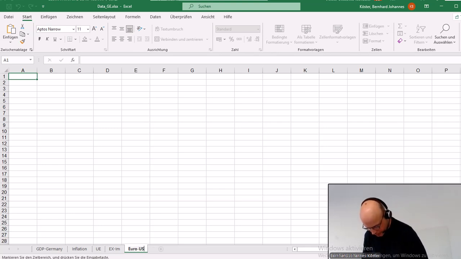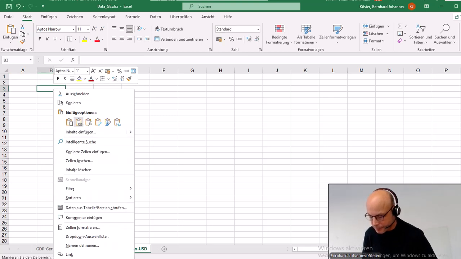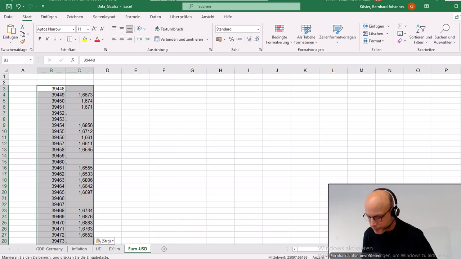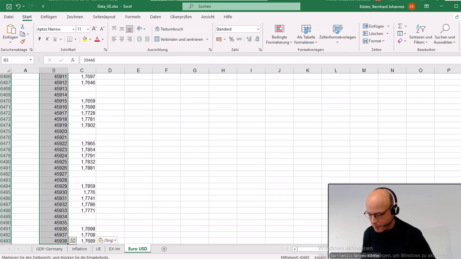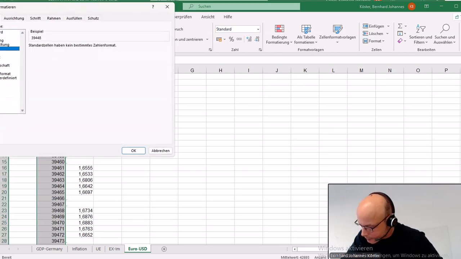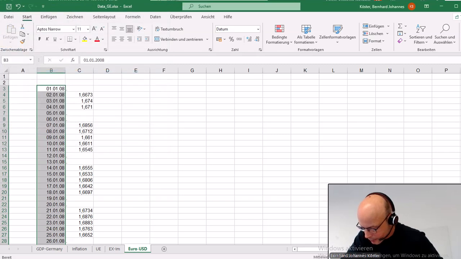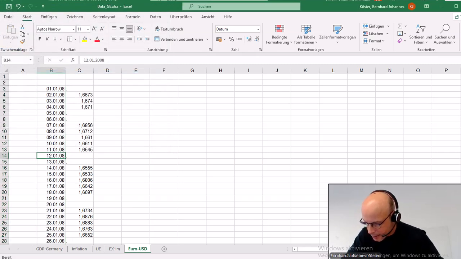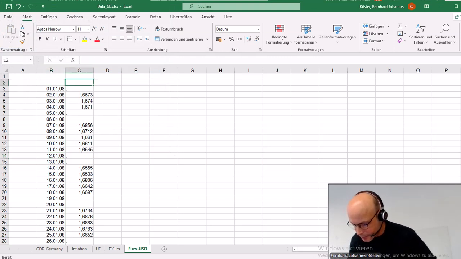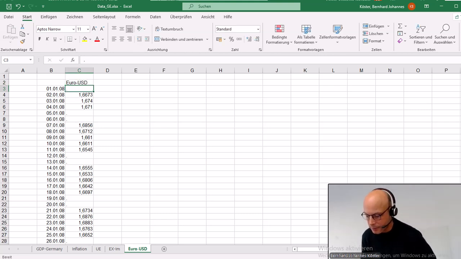Euro, US dollar. Here you have to change the format. The date. Oh, this is daily data. Okay, no problem. So this is euro to US dollar.